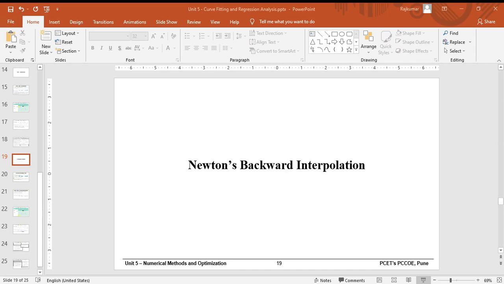Again, one very important change is in the brackets. In the forward interpolation formula, you will see p minus 1, p minus 2 and so on, whereas in Newton's backward interpolation it is replaced with a plus sign, that is p plus 1, p plus 2 and so on.